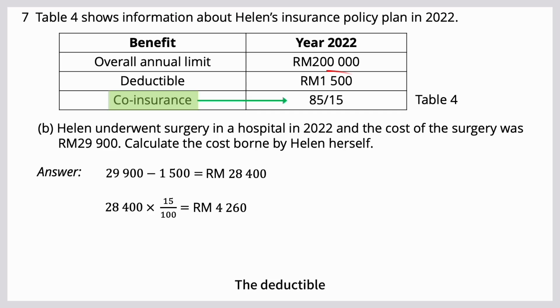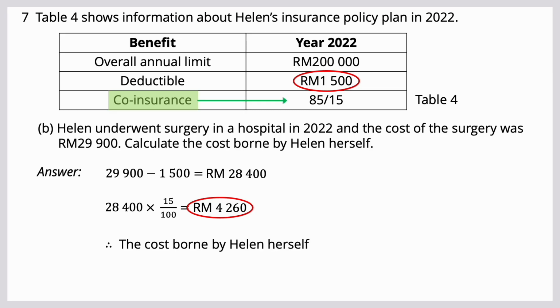The deductible, 1500, and the co-insurance share, 4260. Therefore, the cost borne by Helen herself is 1,500 plus 4,260 equals 5,760 ringgit Malaysia.